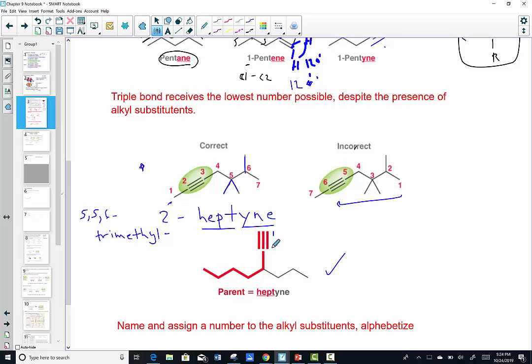I number it as carbon 1, 2, 3, 4, 5, 6, 7. And this would become a propyl group. This would look like 3-propyl. Tell me where that triple bond is. It's between carbon 1 and 2 in a 7 carbon chain of heptyne.